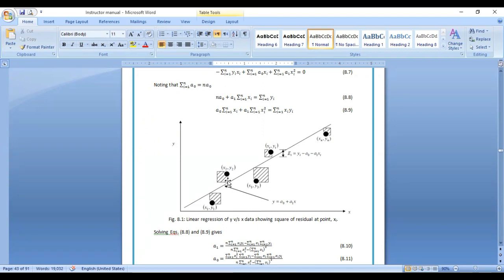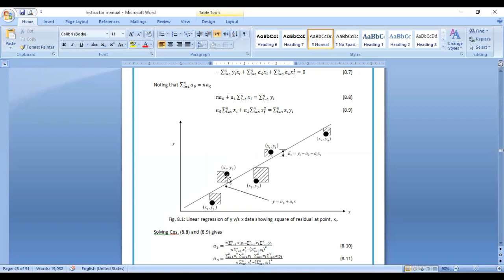Because the error here is negative and the error here is positive, if the error here is -1 and here it is +1, and we just add the errors, we will get zero error. But practically we can see that neither at this point nor at this point the error is equal to zero. So error exists for both these points.